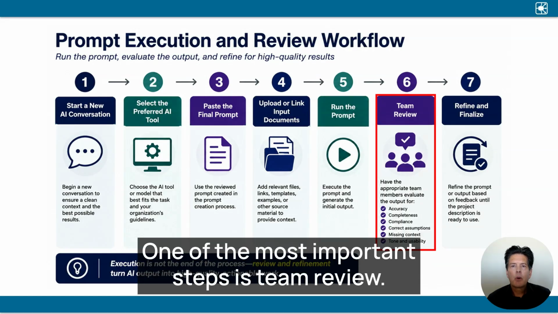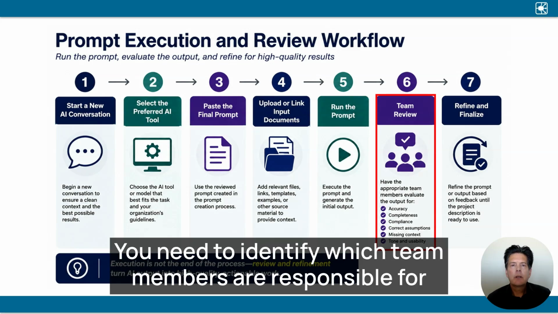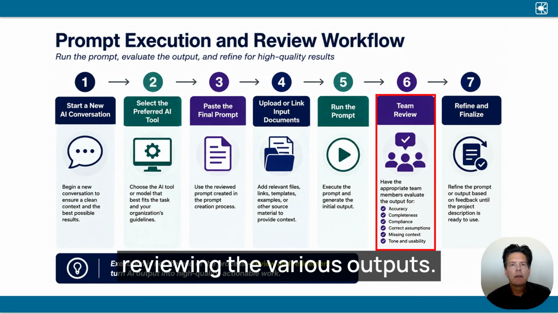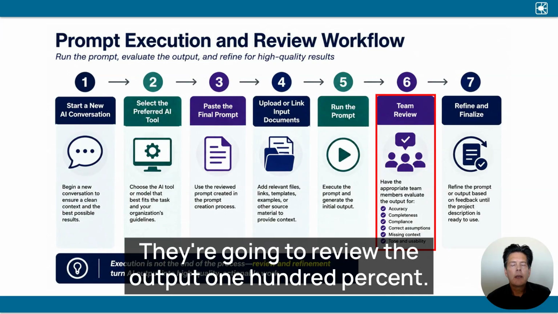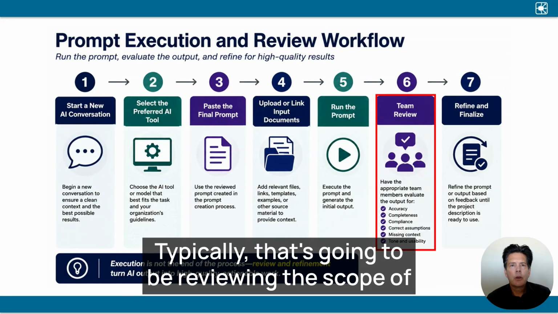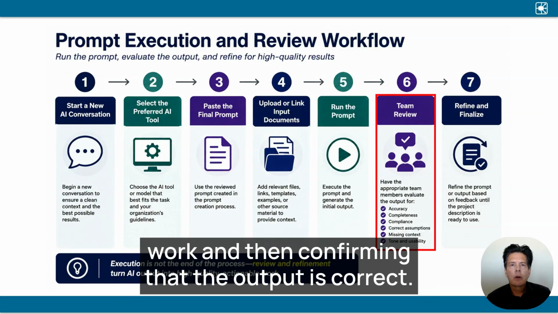One of the most important steps is team review. You need to identify which team members are responsible for reviewing the various outputs. Each team member will have ownership. They're going to review the output 100%. Typically, that's going to be reviewing the scope of work and then confirming that the output is correct.